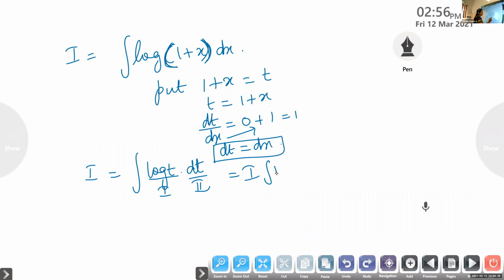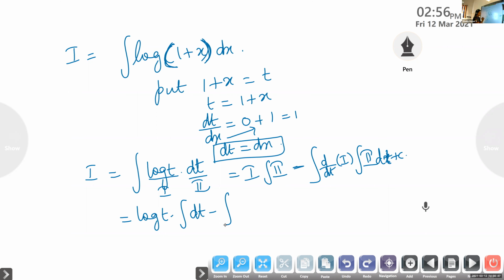First function into integral of second function minus integral of derivative of first function into integral of second function, plus c. So here first function is log t. Integral of dt, minus integral of derivative of log t, which is 1 by t, into integral of 1 into dt.